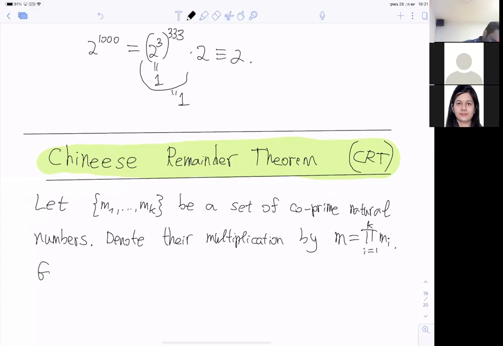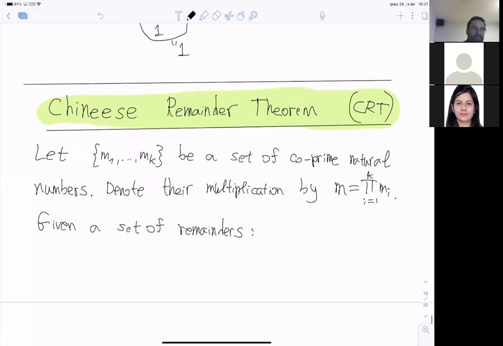So given a set of remainders, each Ai is a number between 0 and Mi minus 1, from 1 to k.